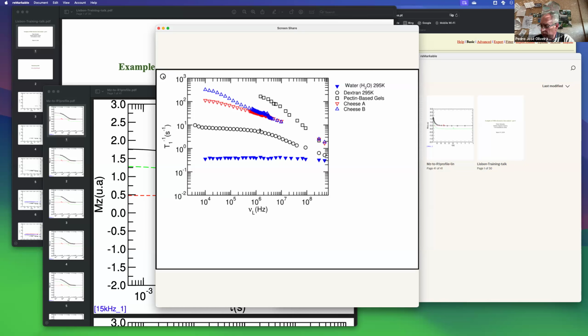I don't want to tell you exactly what type of cheese this is, just samples A and B, to show you that the dispersion profiles more or less stay in the same region where we previously saw the dispersion profiles of water confined in spaces.